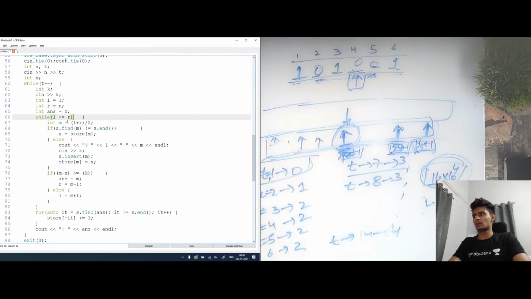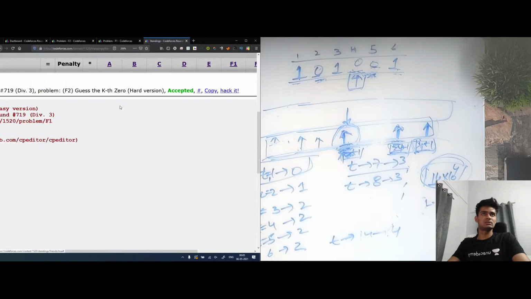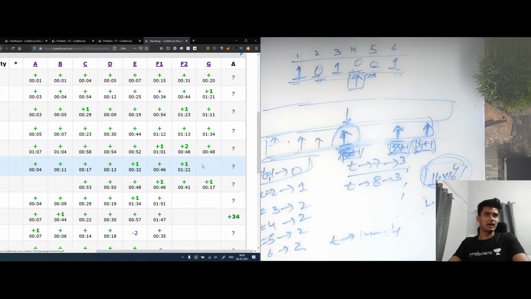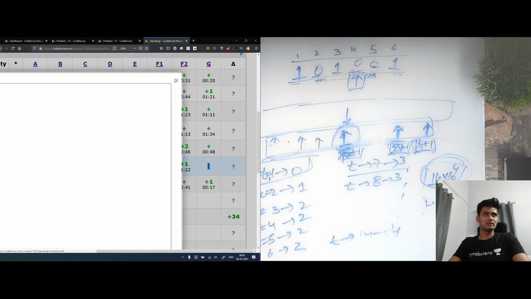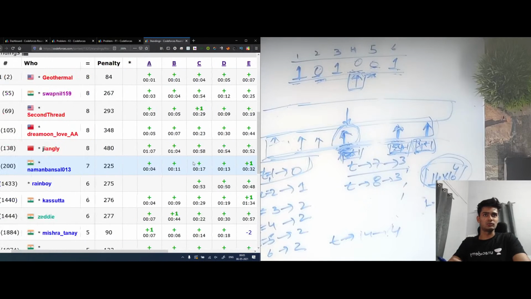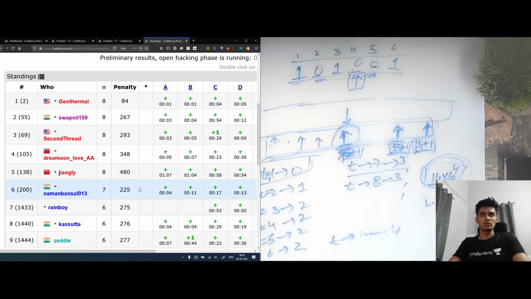I think everybody knows F2 as well now. Now, I myself was not able to completely solve G. I have the code, but I was getting some errors in it. So I'll just explain the approach. I do not have a code to show for this particular problem, but I'll show how the problem is to be done.